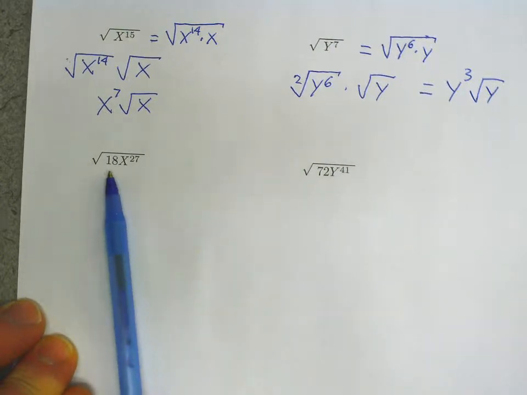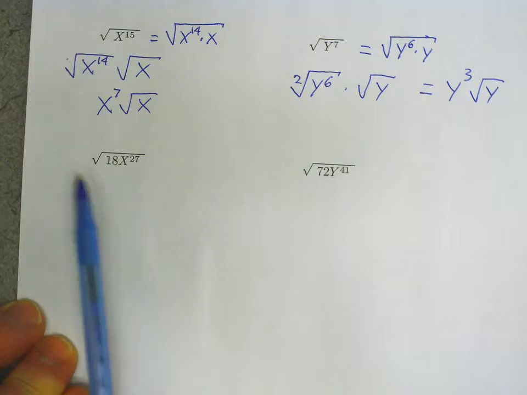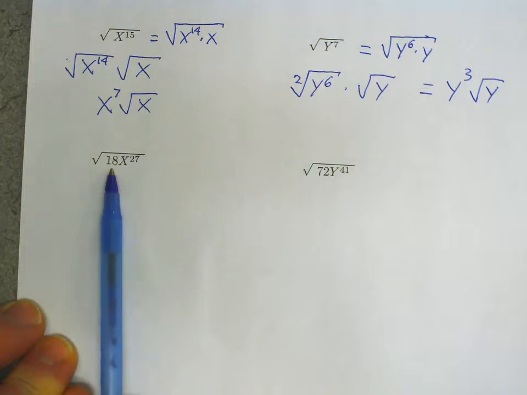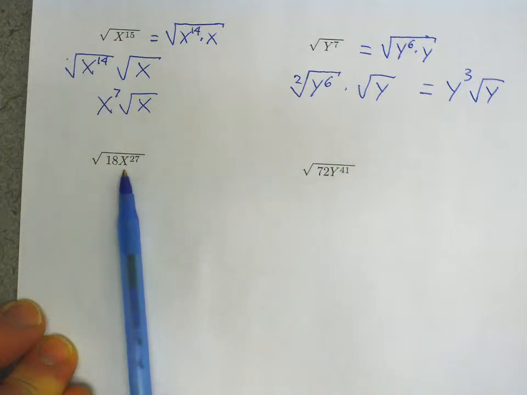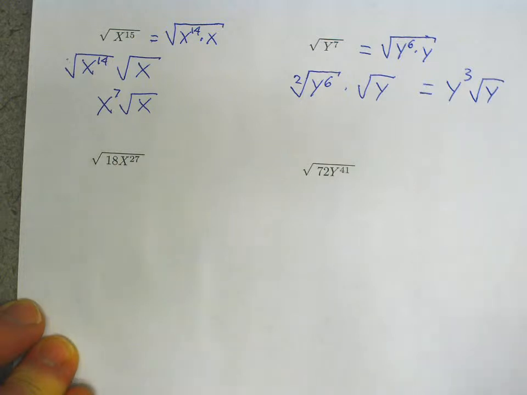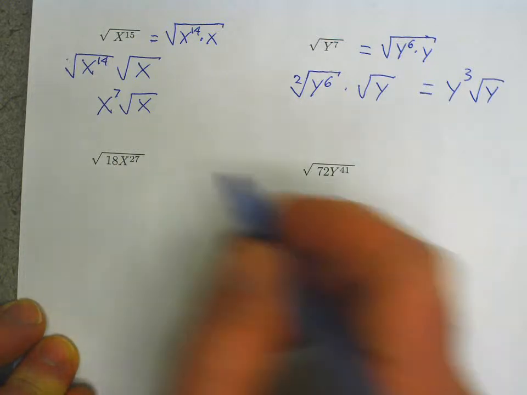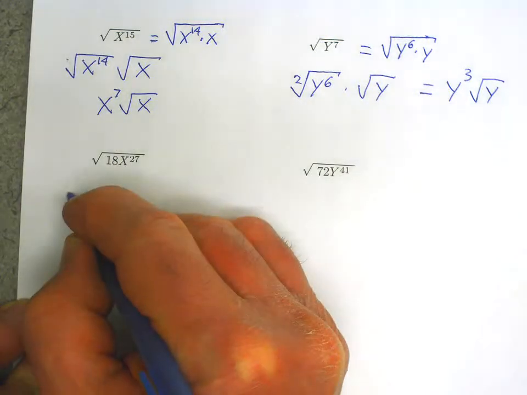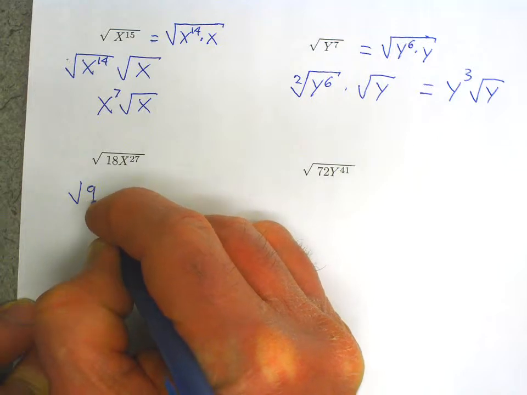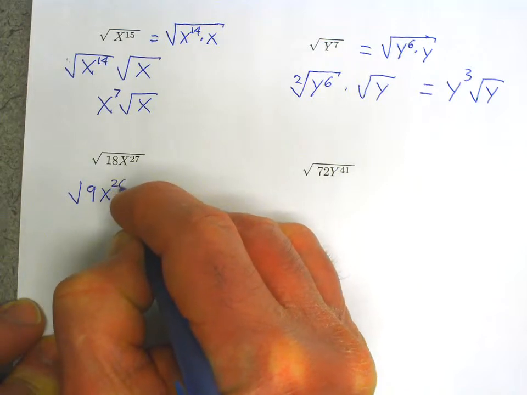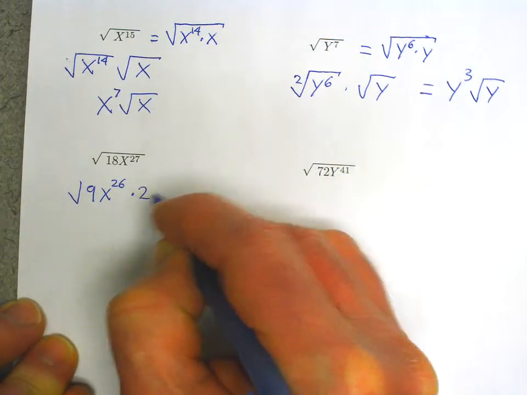So first, we focus on the numerical coefficient 18. The largest factor of 18 that's a perfect square is 9. And the largest factor of x to the 27th that's a perfect square is x to the 26th. So we'll rewrite this as the square root of 9x to the 26th times 2x.